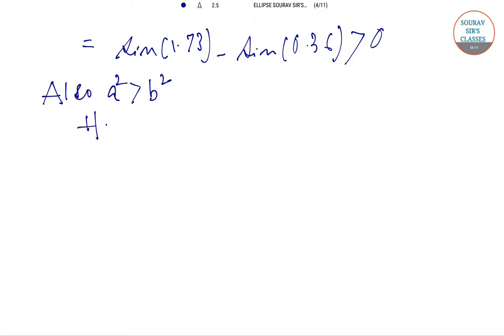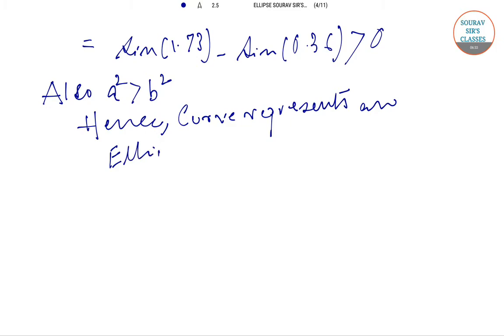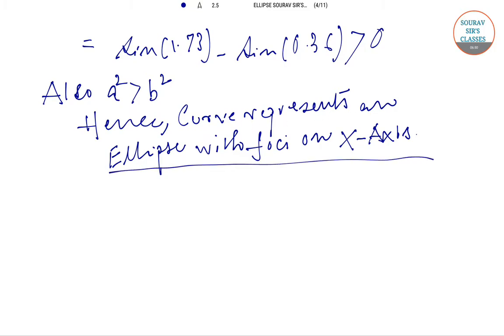Hence, you can write that the curve represents an ellipse with foci on the x-axis. So the answer will be: the curve represents an ellipse with foci on the x-axis.